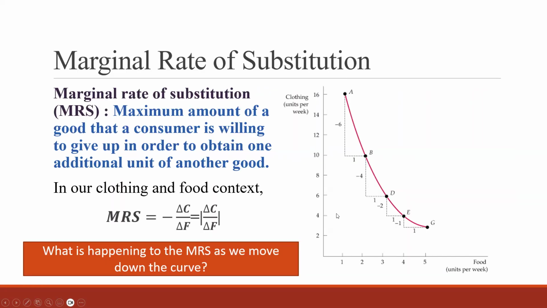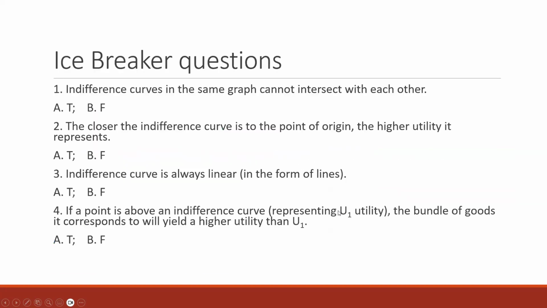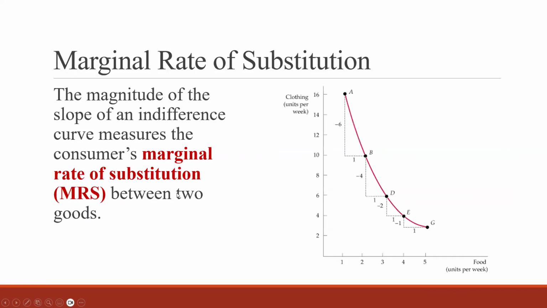Okay, and then previously we did have this question 3, indifference curve is always linear, and the answer is no. And we say the more common case of indifference curve is that the indifference curve should have this curvature. And as we learned before, this is part of the convex shape.